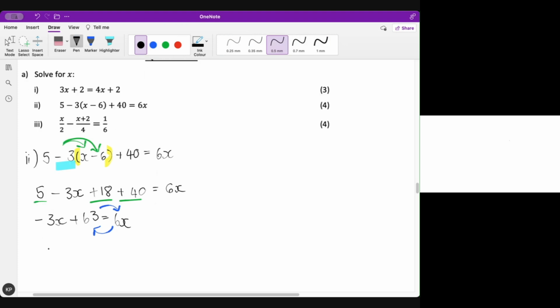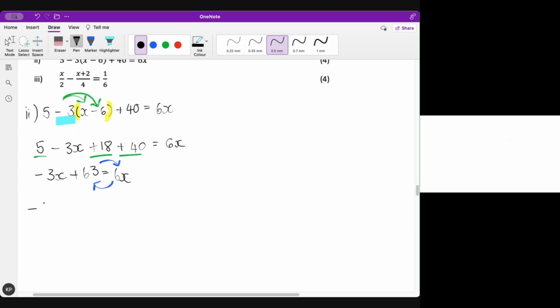What happens with 6x when it gets to the left-hand side? It becomes a minus 6x. I think that break worked. I like it when you guys answer so fast. And what happens to 63 when it goes over to the other side? The same thing, right? So it becomes minus 63. Okay, what's -3x minus 6x? Is Brilliant the only one who's back?